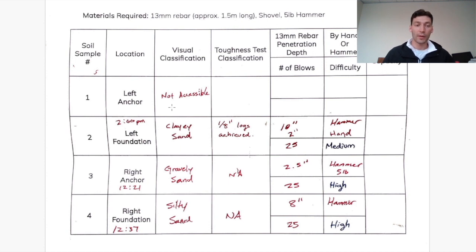But moving on now to the next column in the table, the visual classification column. The data that we collect here roughly follows the USCS classification system for soil.